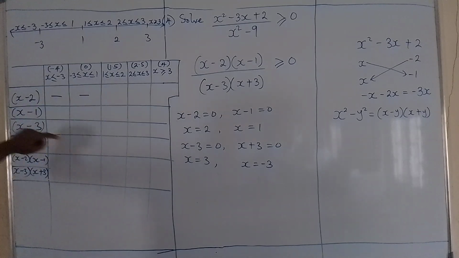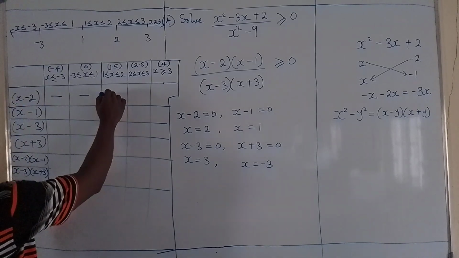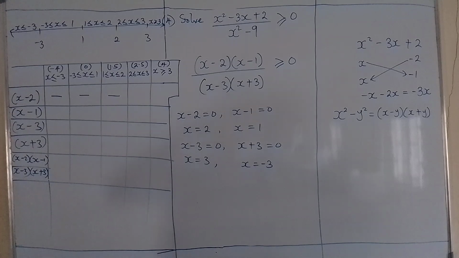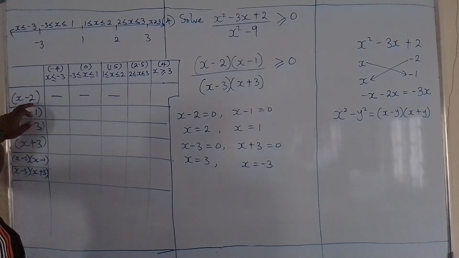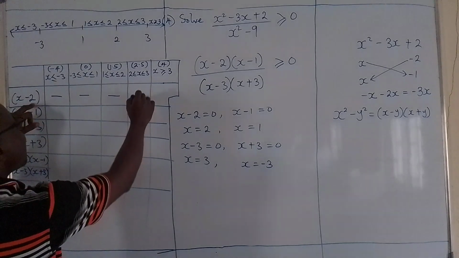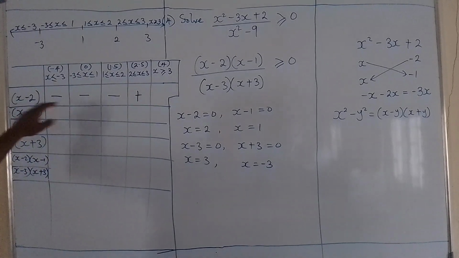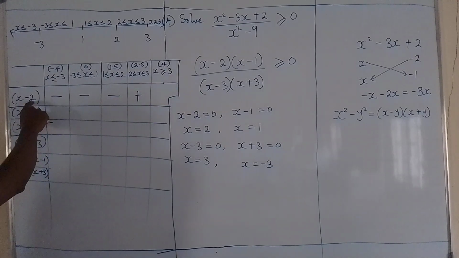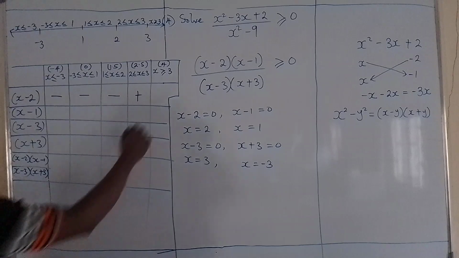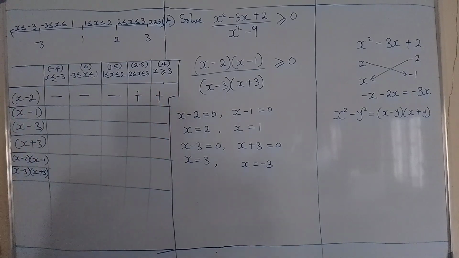If x is 1.5, we have 1.5 minus 2, that will be minus 0.5, a negative value. And if x is 2.5, 2.5 minus 2 is 0.5, a positive value. If x is 4, this will be 4 minus 2, which is 2, a positive value.